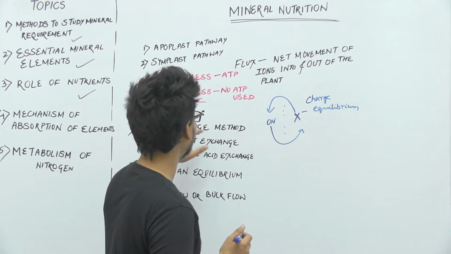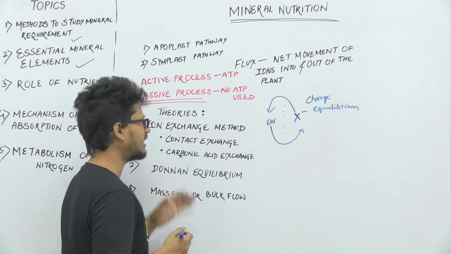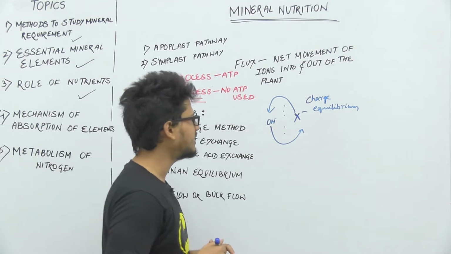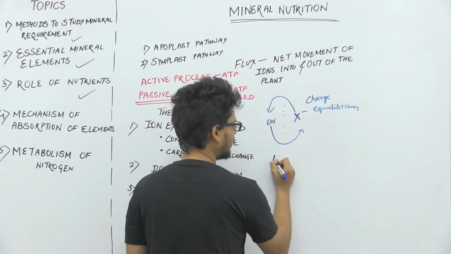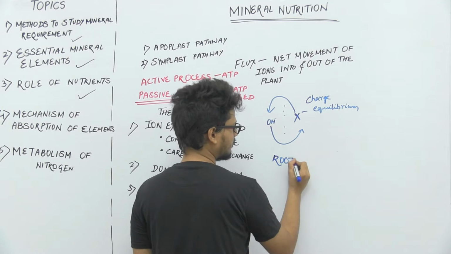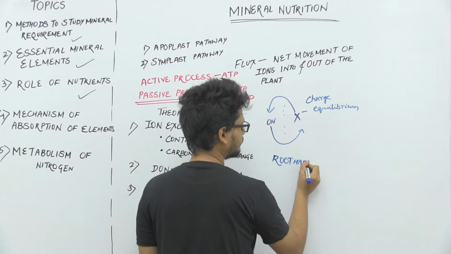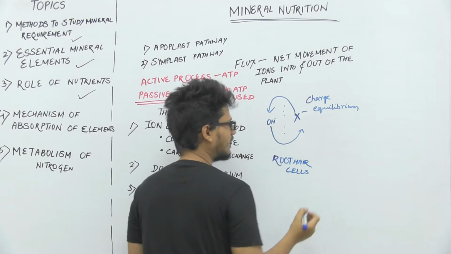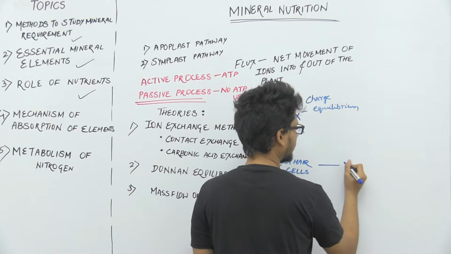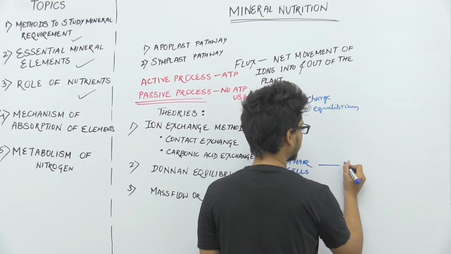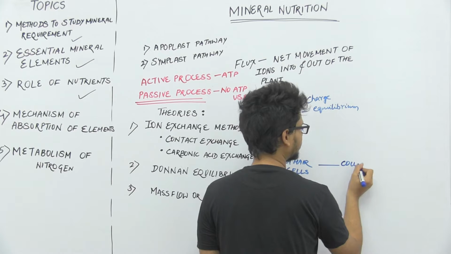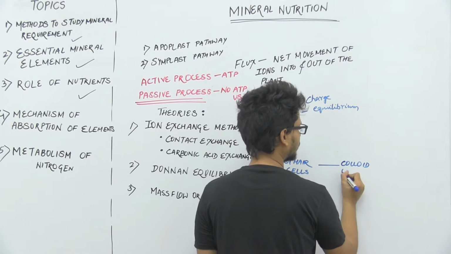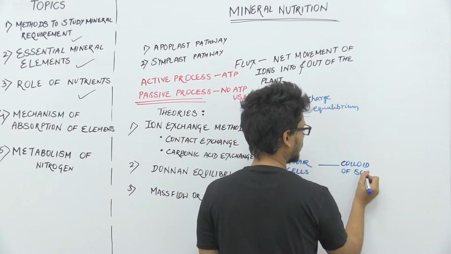So that is basically what the ion exchange method is. And this ion exchange works between the root hair cells and the colloid of soil.